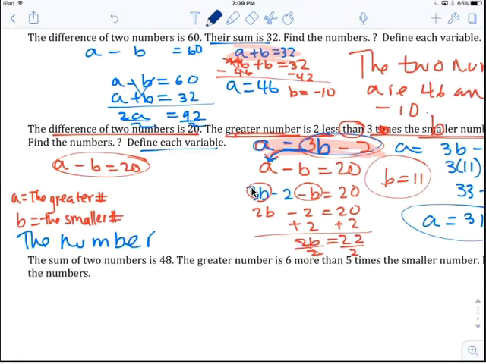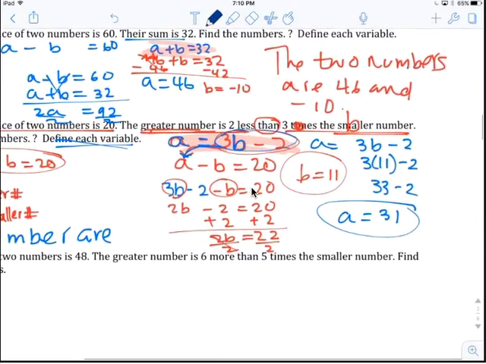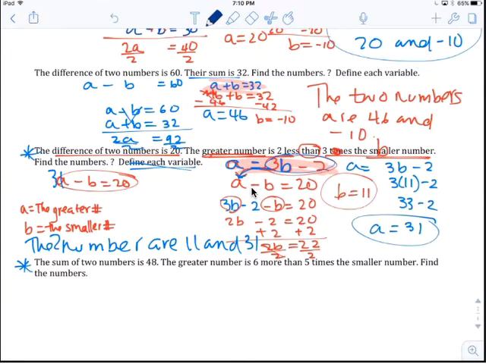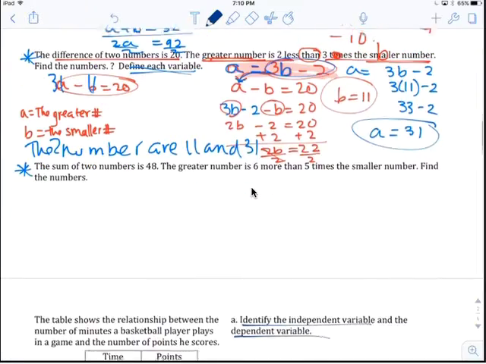Find each variable. You're going to have this on the test, most likely. It'll ask you to define the variable. The two numbers are 11 and 31. 31 minus 11 is 20. Notice that.